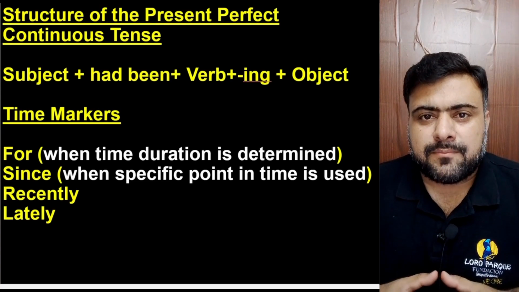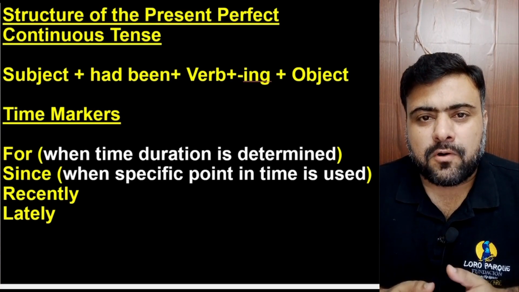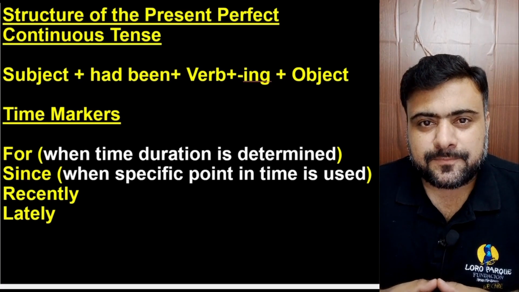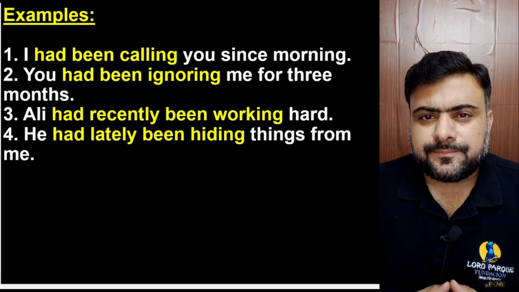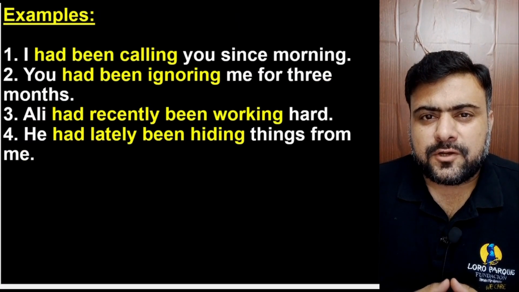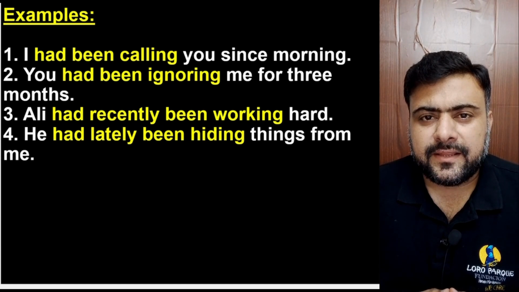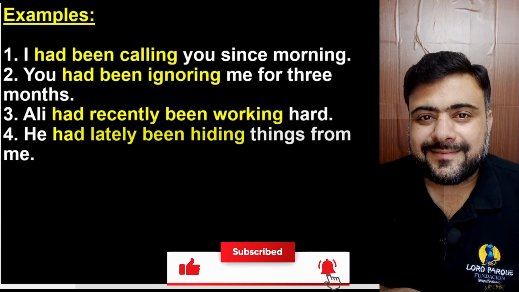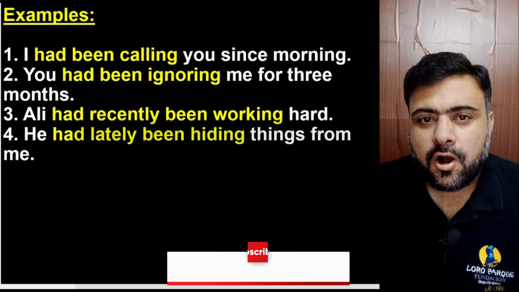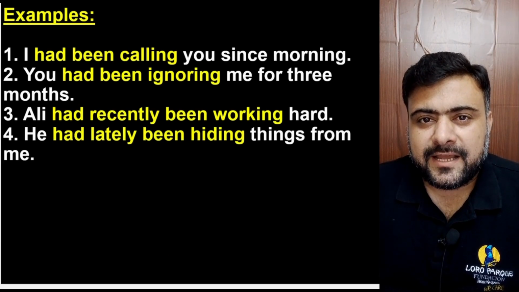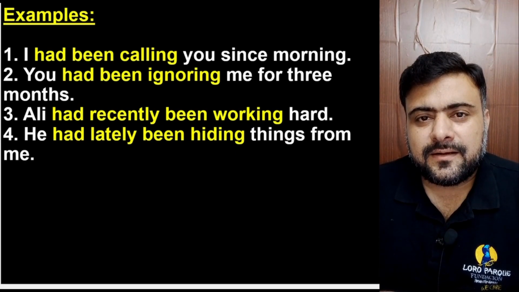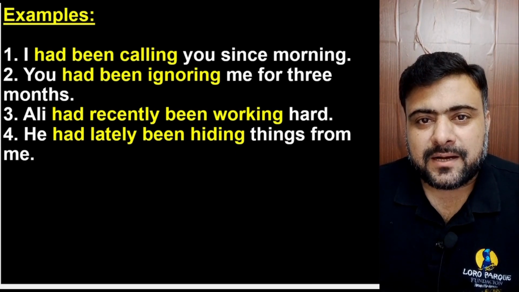Now we use time markers like since, for, lately, recently in tenses like these. For example, I had been calling you since morning. I, the subject, had been the helping verb, calling, verb with an ing, you, the object, since morning, the time marker.